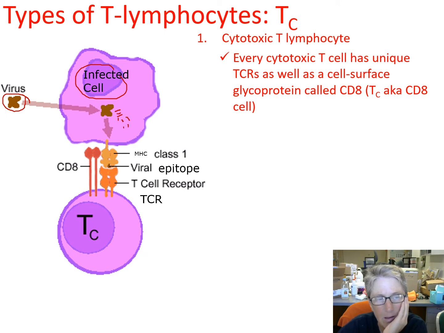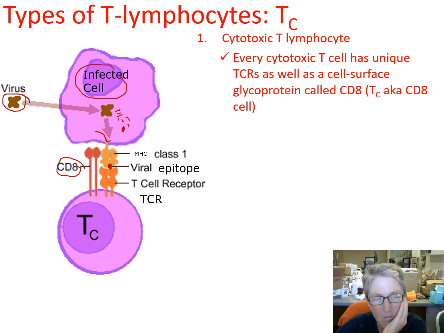And then they'll take one of those pieces of the virus and stick that piece in an MHC class 1 protein and take the whole thing to the surface here. And now a cytotoxic T cell with its T cell receptor, along with its CD8 co-receptor, can actually recognize that viral epitope.